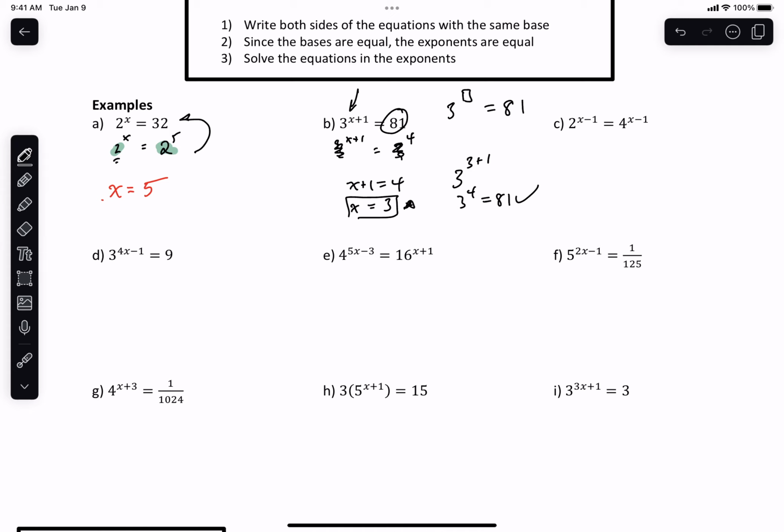You have to be careful sometimes with what's happening, particularly in the next question. Again, the steps don't change. It's just maybe some of the math does, and you just got to be a little bit careful. So again, we need to make the bases match, so 2 to the x minus 1 has to equal, how do I represent 4 with a base of 2? So it's 2 to the power of something. What's the something that I need? Again, I'll just write it out. 2 to the power of something needs to equal 4.